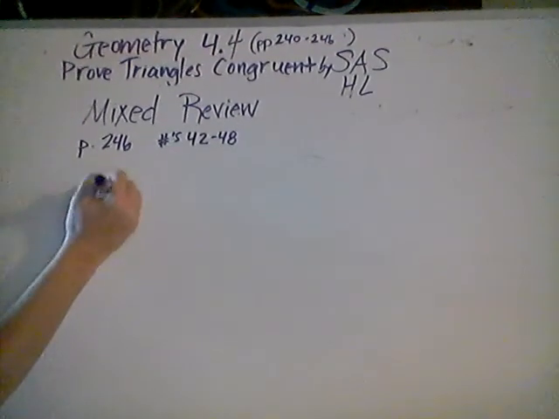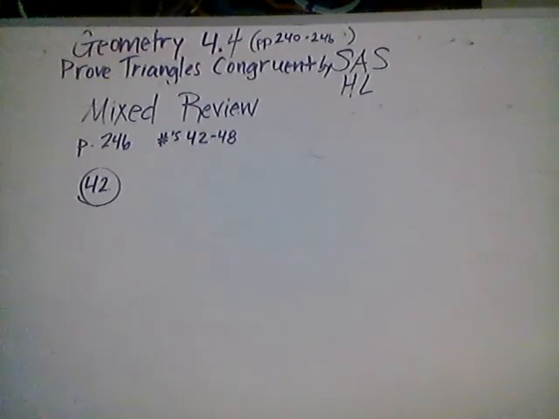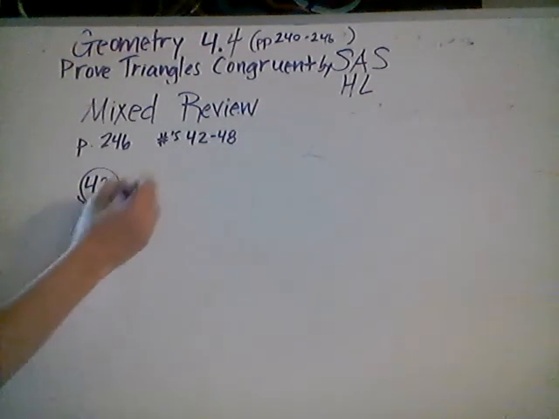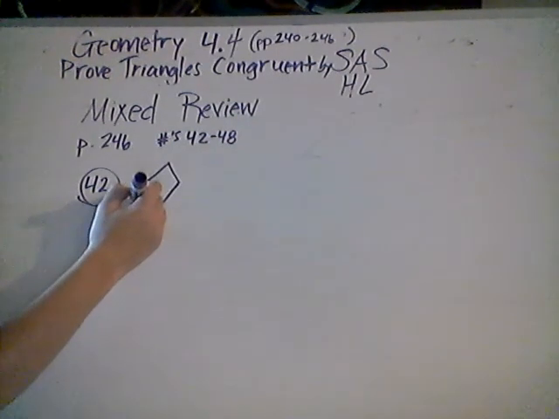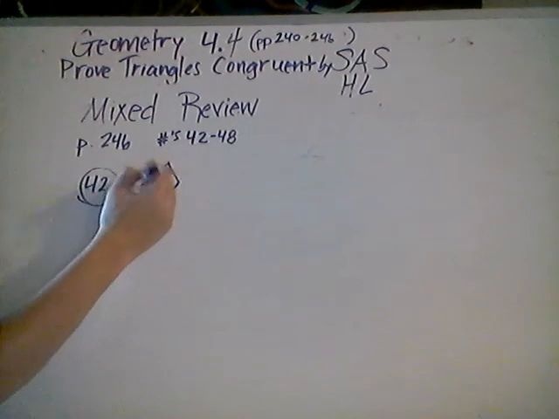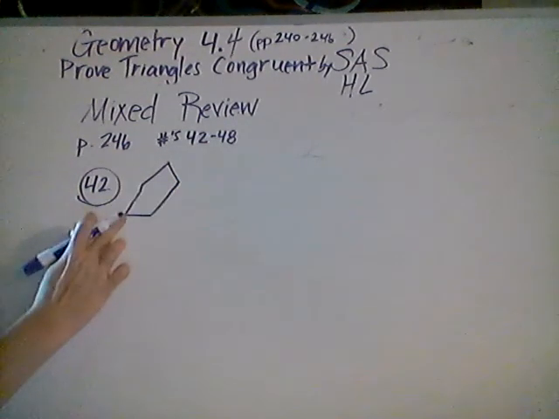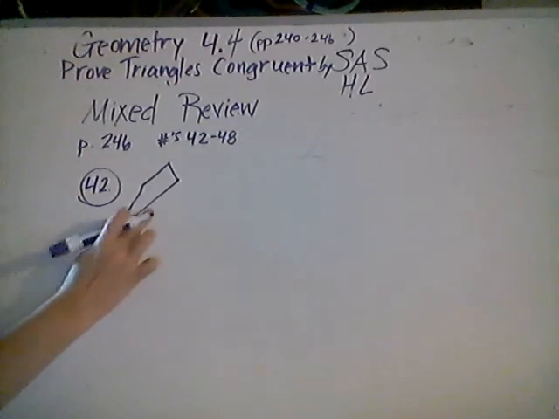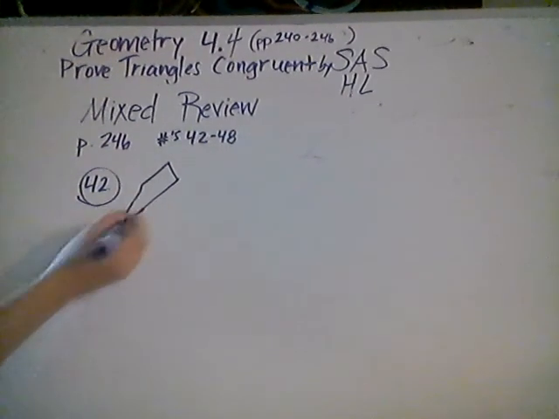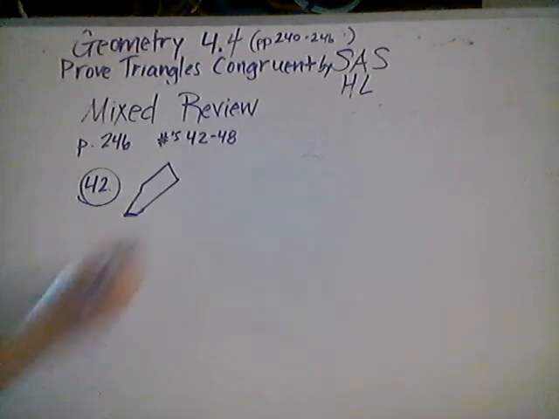So let's look at number 42. It says a pentagon that is not regular. Draw a figure that fits the description. Not regular means that all sides aren't equal. That should be easy to do considering it has 5 sides, but they're not all equal.